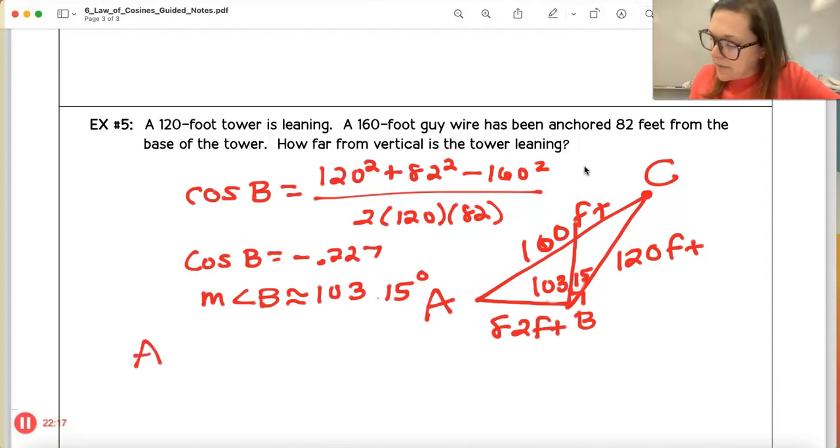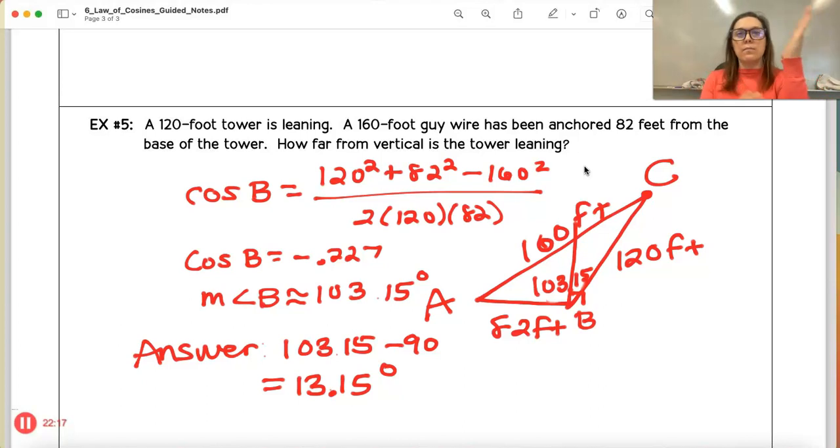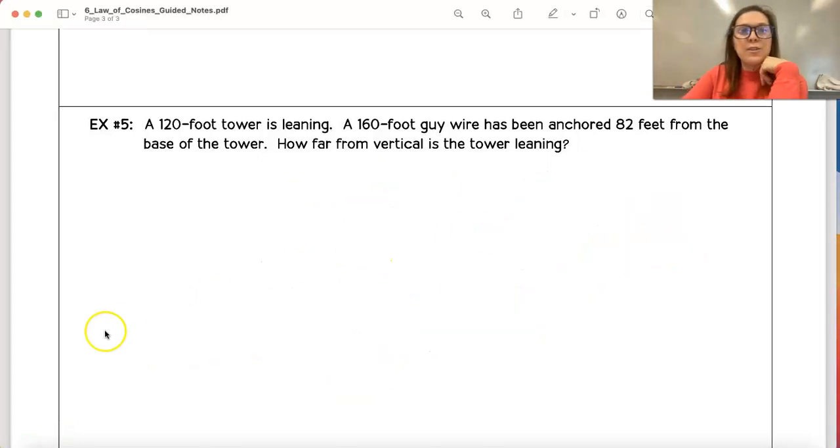So to get our answer, we're going to do our 103.15 and subtract 90 from it, which tells me that it's leaning 13.15 degrees more past where it should be. So if it's supposed to be vertically up, right, it's leaning about 13 degrees past standing straight up, if that makes sense. All right, that concludes your notes, guys.